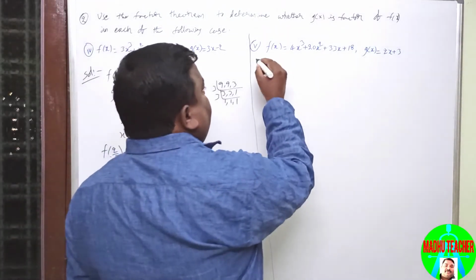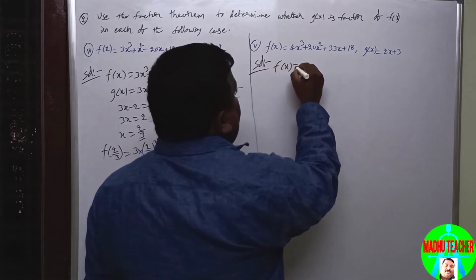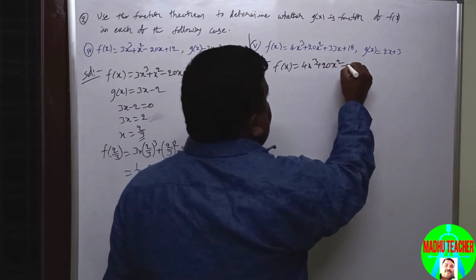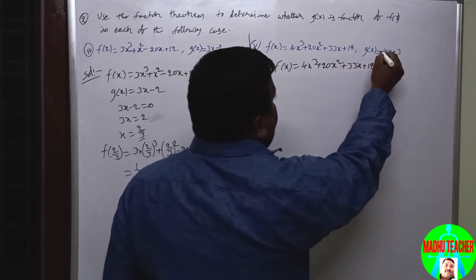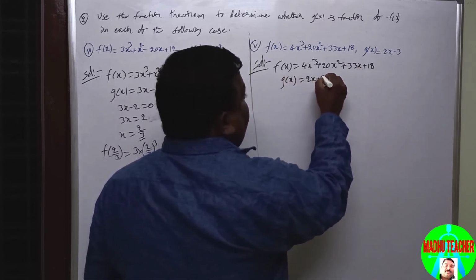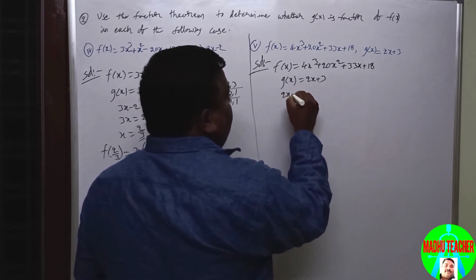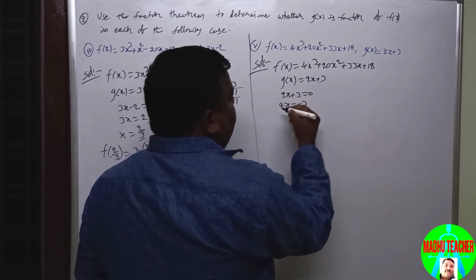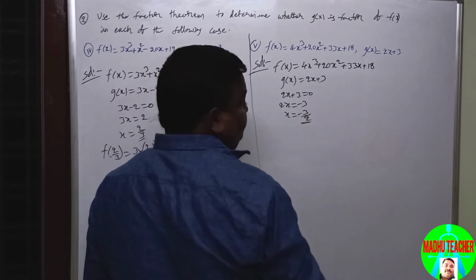Next, the fifth one is, given polynomial f of x equal to 4x cube plus 20x square plus 33x plus 18, and g of x is 2x plus 3. So you have to find the zero of the polynomial. 2x plus 3 equal to 0, then 2x equal to minus 3, x equal to minus 3 by 2.